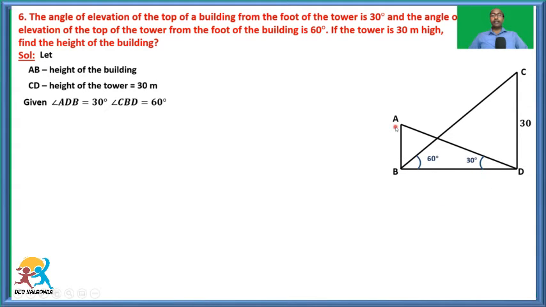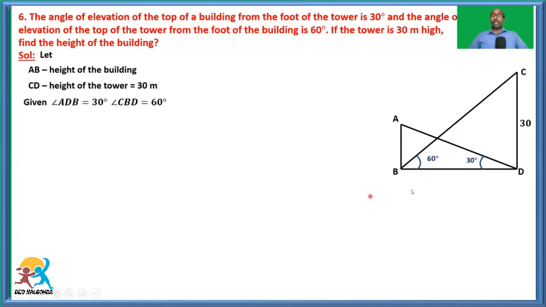So here we have to find the height of the building, that is AB. So to know the value of AB, first we have to find BD, which is the common side in both ABD and BCD.